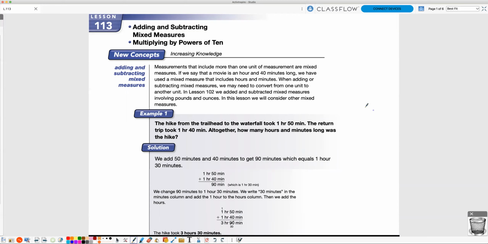So if you have 1 hour and 50 minutes and you add the 1 hour and 40 minutes, it looks like this. You'd end up with 2 hours and 90 minutes total.